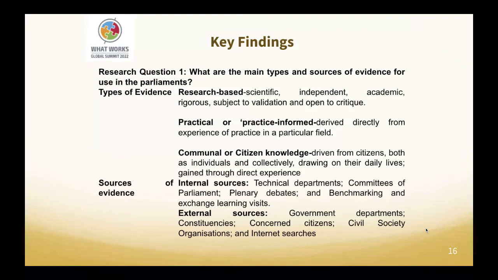So my key findings based on my question number one are the main types and sources of evidence for use. There are three core sources of evidence that I documented: research-based evidence, practice-based evidence, and communal.